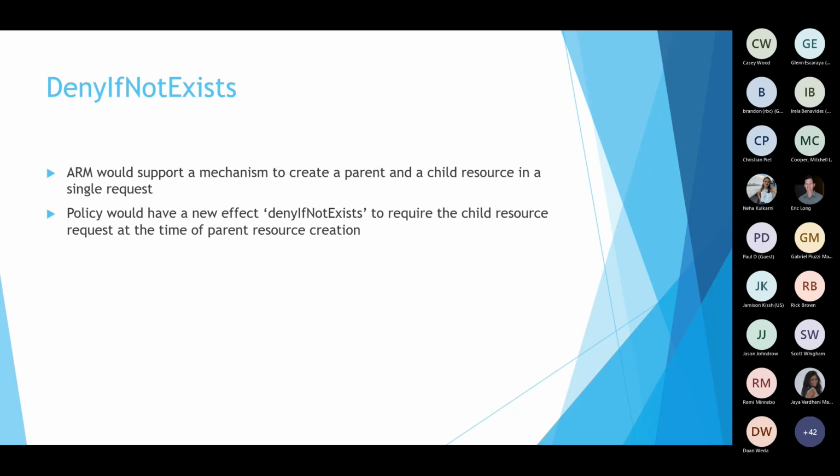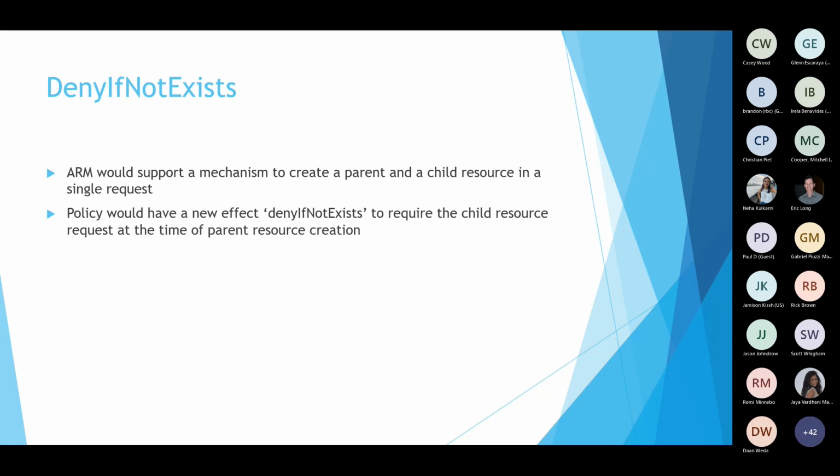The issue there, and the reason why we have not been supporting it, is that you can't actually create the child resource until you have your parent resource first, right? So if we are denying the parent resource because the child resource does not exist, and you can't create your child resource until the parent resource is there, we are going to be in a situation where we are always blocking your requests, which obviously is not what you would want.